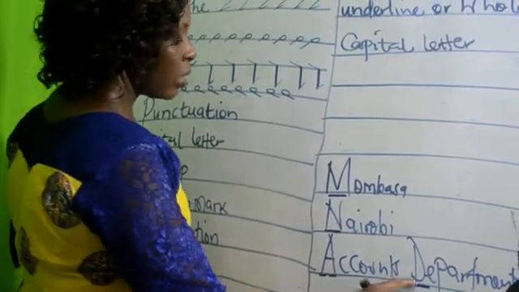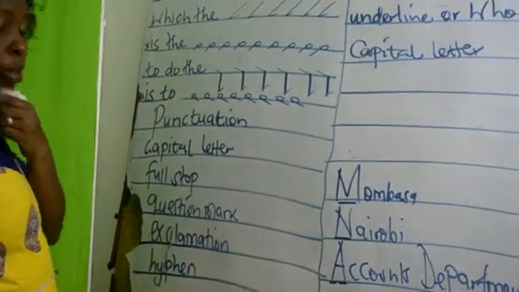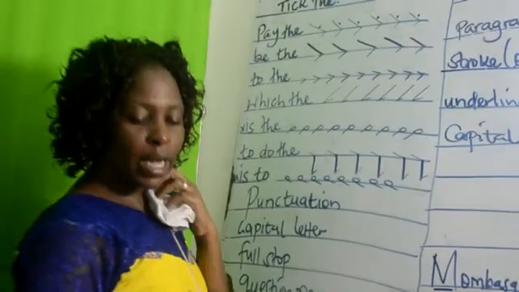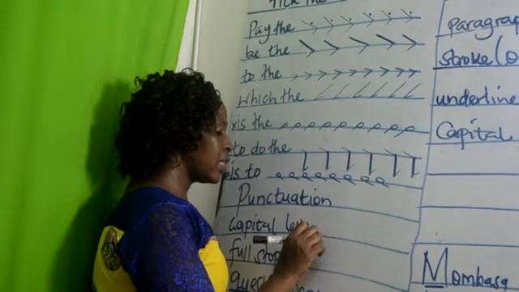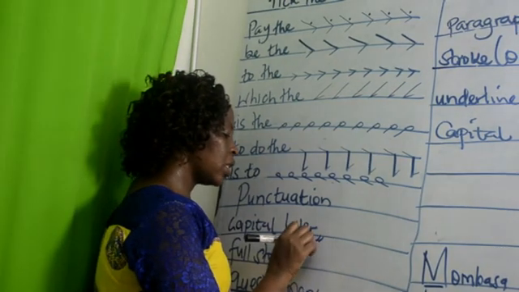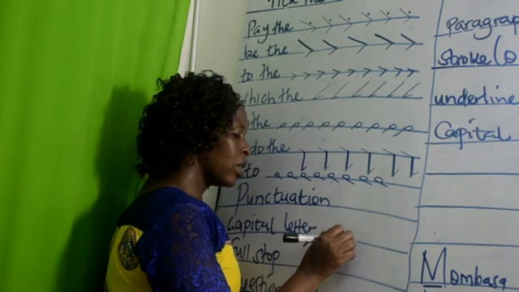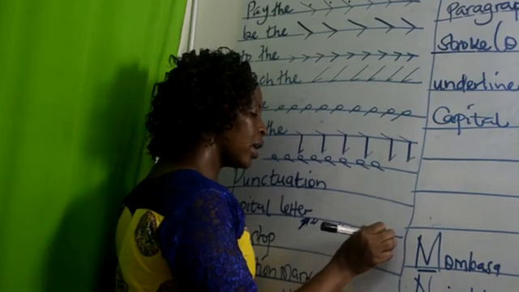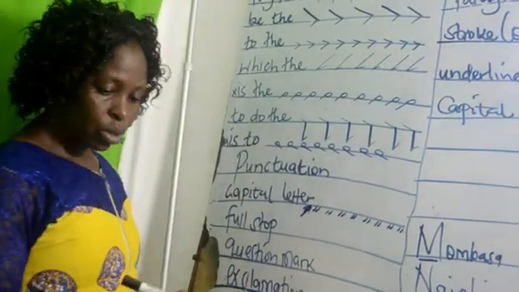To show that, we are supposed to indicate below the outline that you have drilled these signs like this below the line. You indicate 2 lines like this below the line, and they represent capital letter.